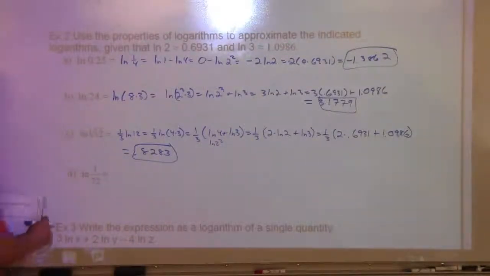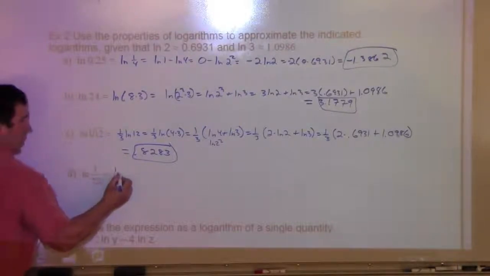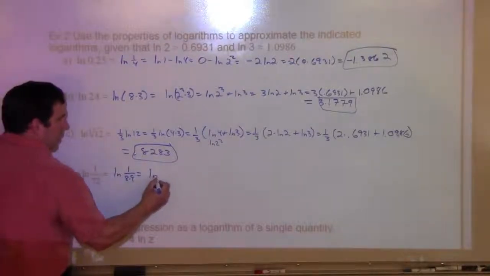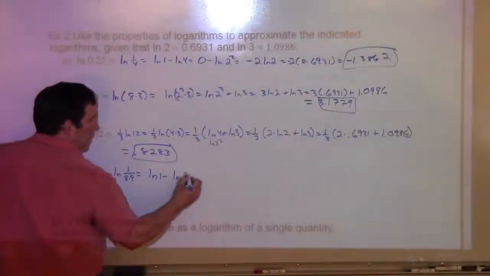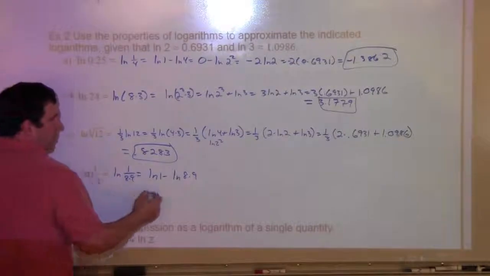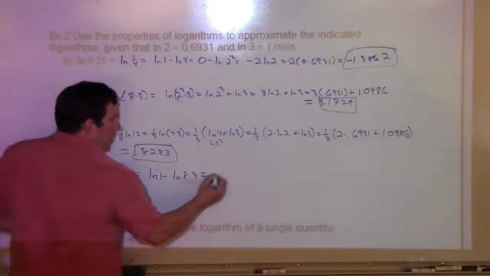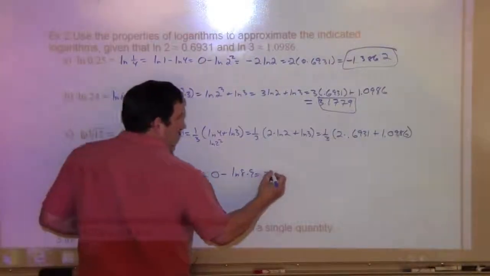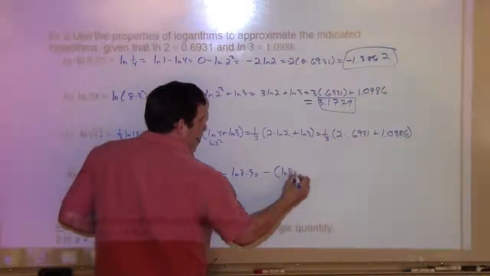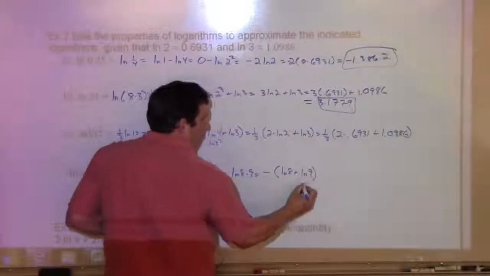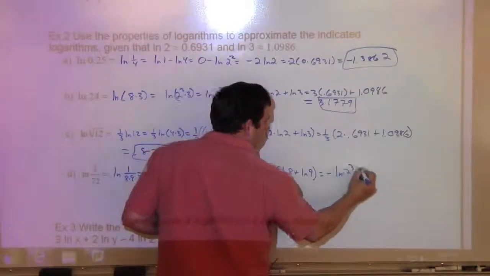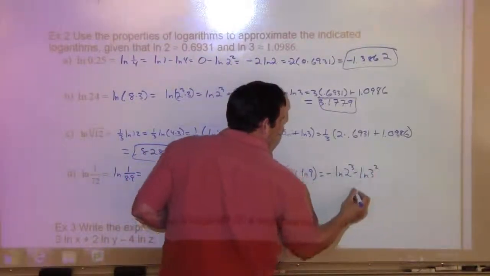And the last one like this is natural log of 1 over 72. That's natural log of 1 over 8 times 9. Think of this as natural log of 1 minus natural log of 8 times 9 because of the division. And of course, natural log of 1 is just 0. So we're looking at negative of natural log of 8 plus natural log of 9. Let's distribute that through: negative natural log of 2 cubed minus natural log of 3 squared.